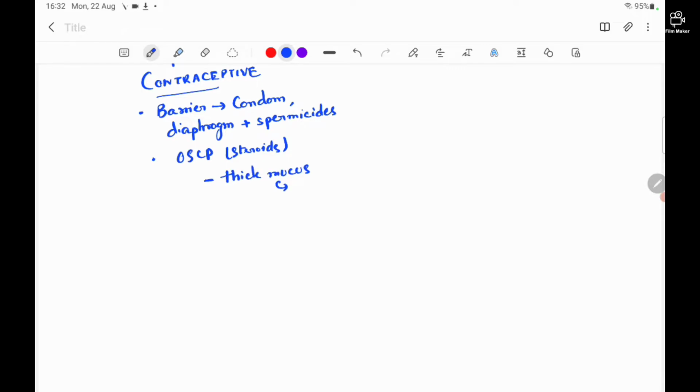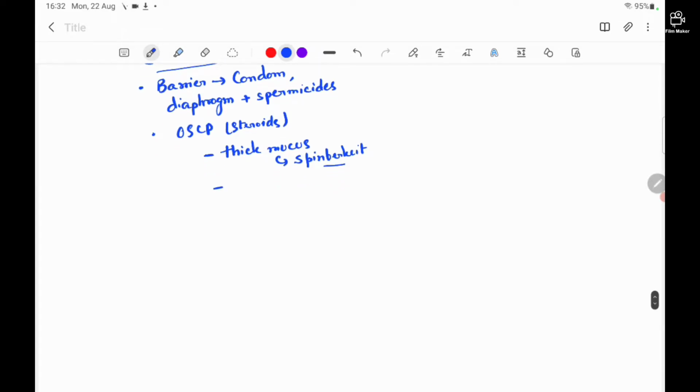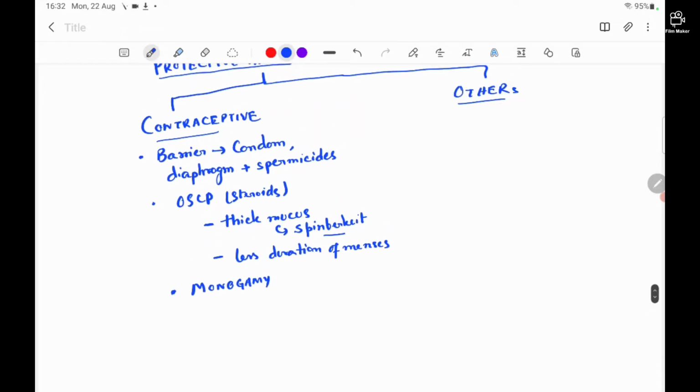We also call this spin barrier. I have talked about this already in the previous session. And less duration of menses. And naturally, monogamy is one of the methods.